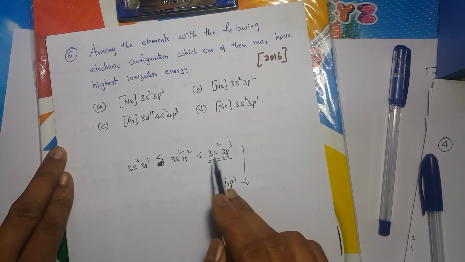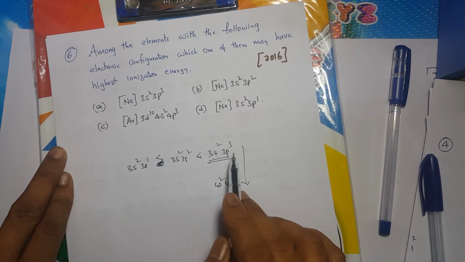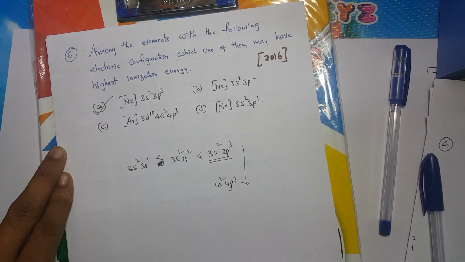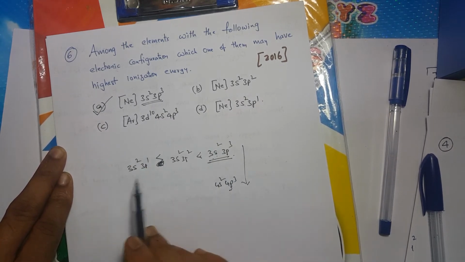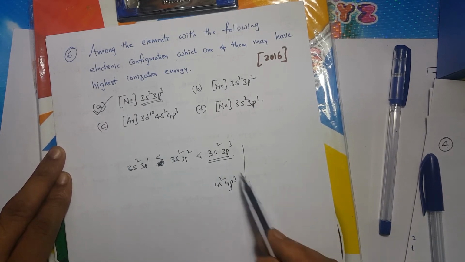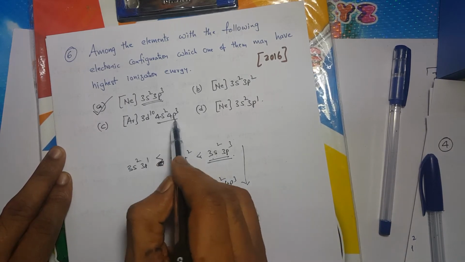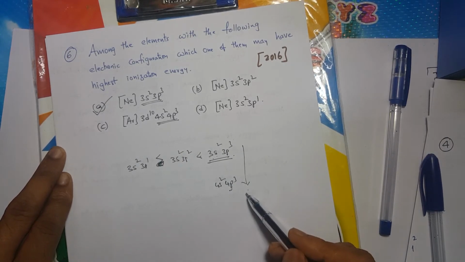It is a third shell, it is a fourth shell. So removal is easier compared to the third shell. So the one which has the highest ionization energy has the stable configuration as well as the period trend, which increases from left to right. In a group, 4s2 4p3 is also a stable configuration, but from top to bottom it decreases. That's why this is the answer.